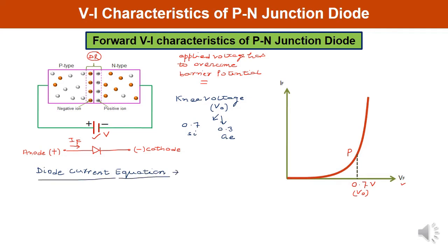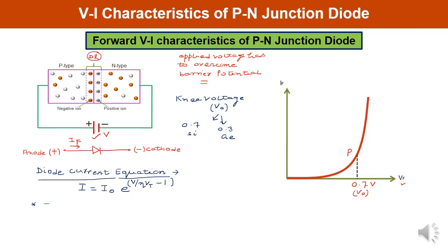With the help of solid state physics, the diode current equation, which relates the voltage V and current I for the forward biased region, can be written as I is equal to I naught e raised to the power V upon eta Vt, minus 1.